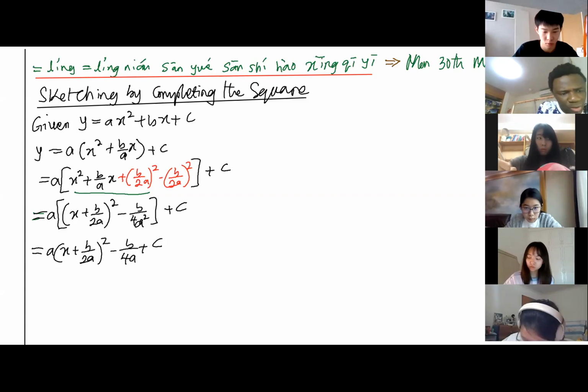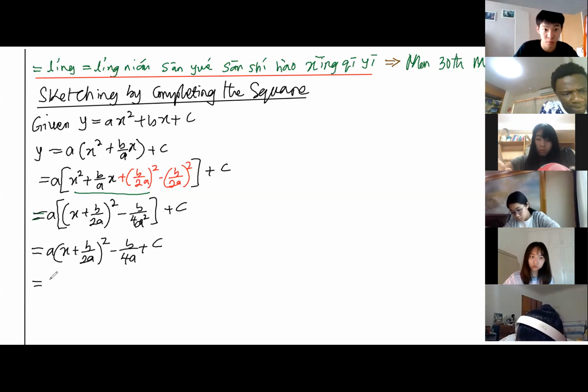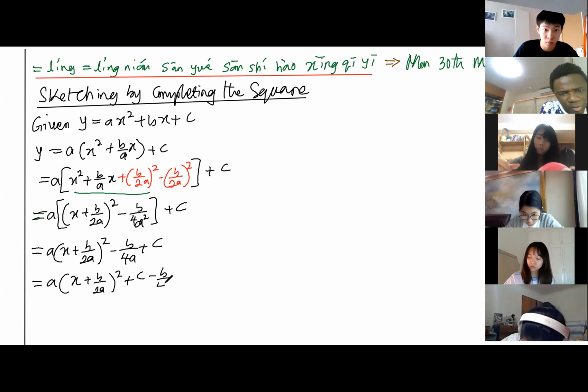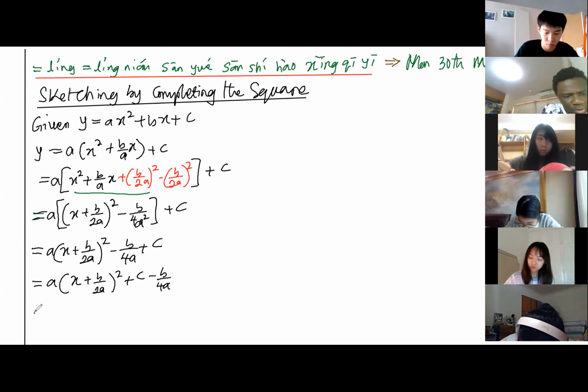Okay, so we're going to combine this together. What I recommend is if one of them is positive, you want to bring it first. So a times x plus b over 2a whole squared, plus c minus b over 4a. I put the plus c first so my subtraction is not leading to any form of confusion.